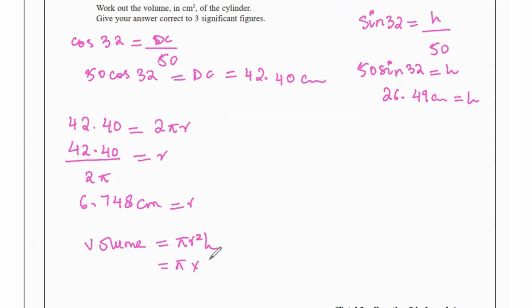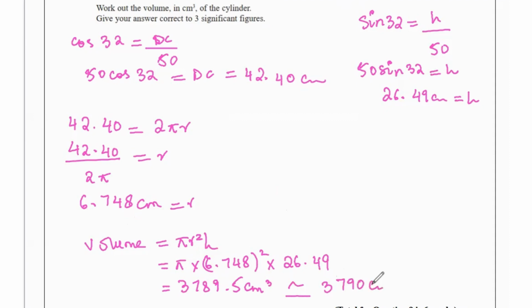So pi times 6.748 squared times 26.49, and that is going to give us a value of 3,789.5 centimeters cubed. If we answer correct to three significant figures, that's going to be 3,790 centimeters cubed. That is the volume of the cylinder.